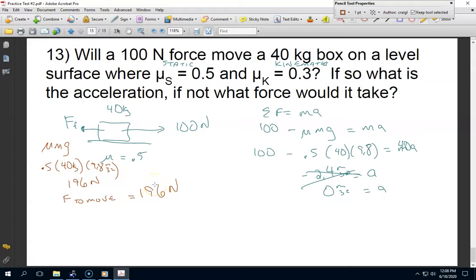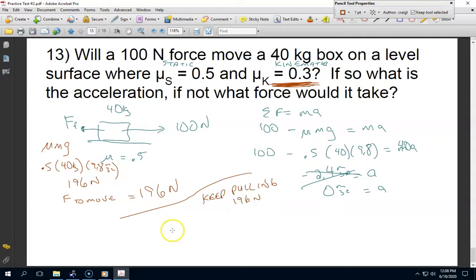Now, as soon as I put 196 newtons on it and it starts to move, the friction changes, because I have to switch over and start using the other coefficient of friction. So my acceleration is going to change. I've broken this thing loose. It's moving. The problem didn't really say this, but the assumption would be that I keep pulling with 196 newtons.